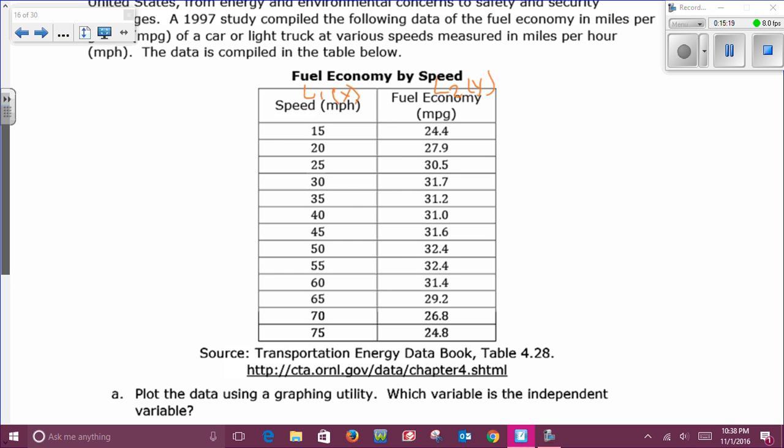Sorry. So we would go to your Stat button, and you have to do number 1, which is edit, and enter the data into your lists.